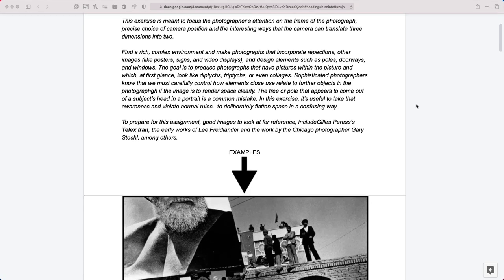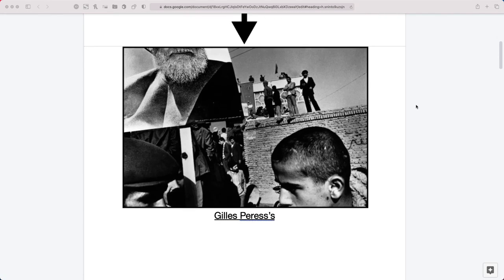So some examples here. This first image, this is a single image, okay, but you can see that the photographer here has very much split the frame into quadrants, so these 4 quarters.